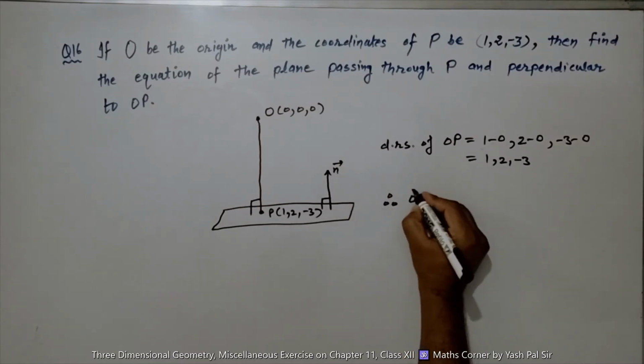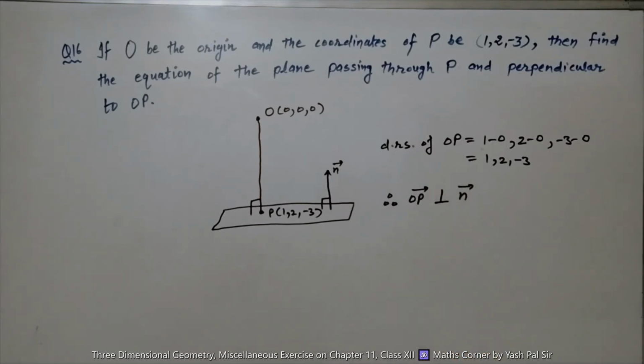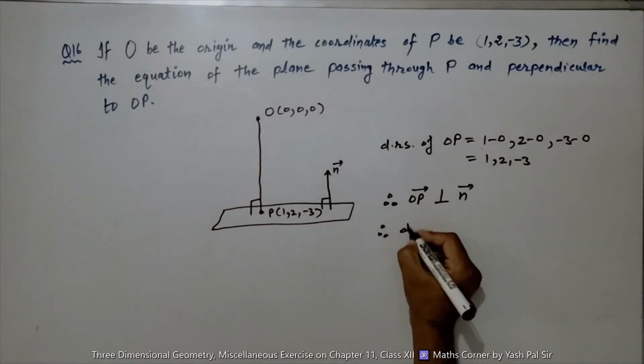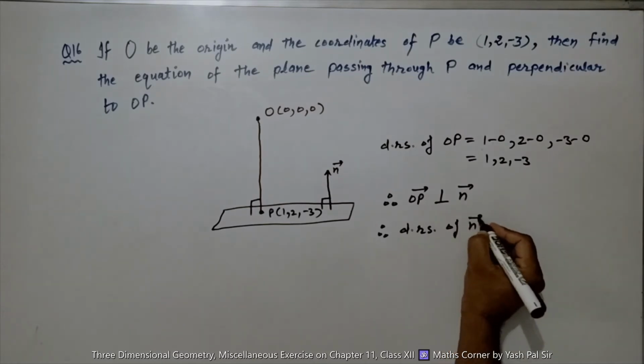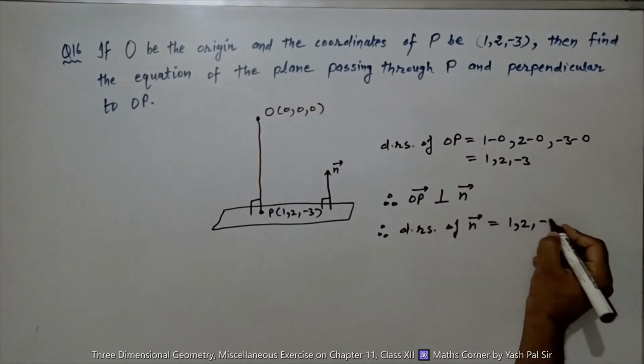OP is perpendicular to normal to the plane. So direction ratios of the normal to the plane are also 1, 2, minus 3.